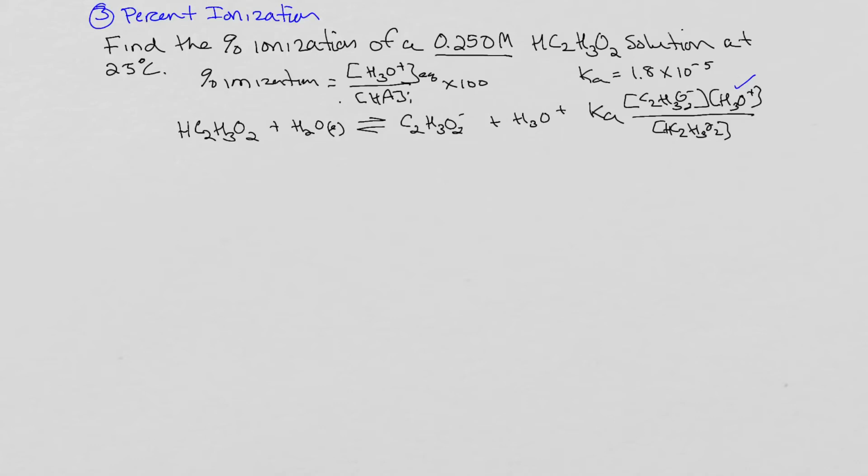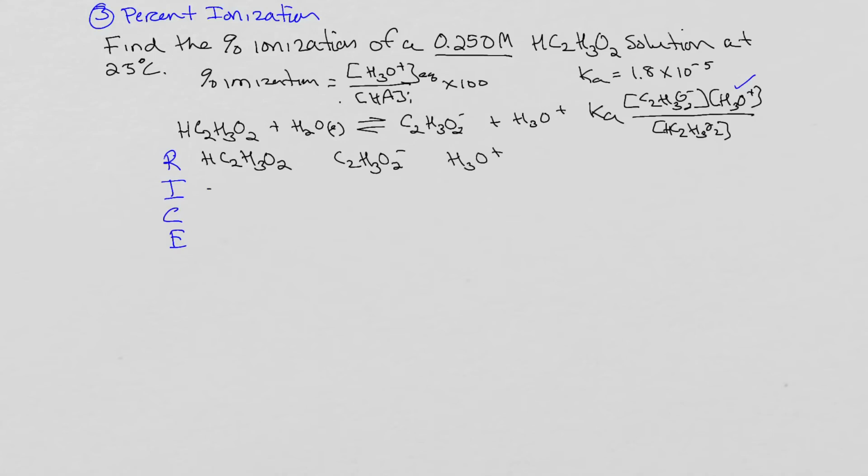So we're going to set up our RICE table here. We're going to have our acetic acid, our acetate ion, and our hydronium ion.